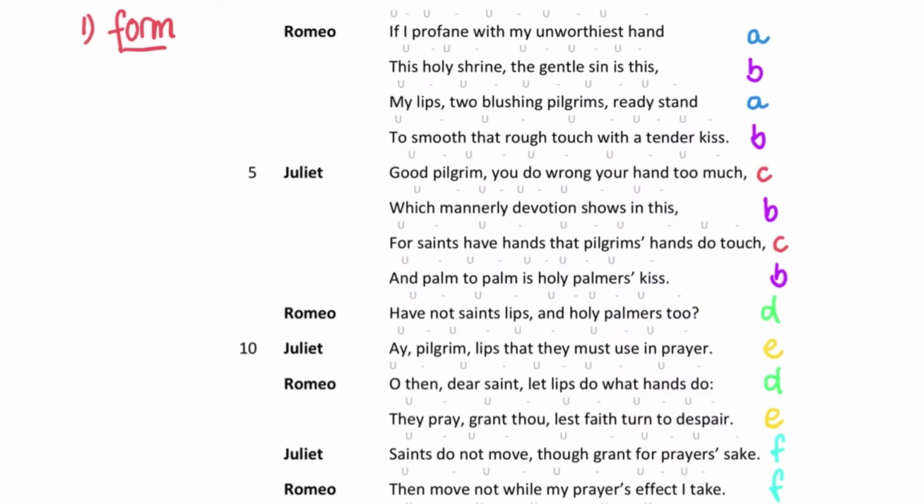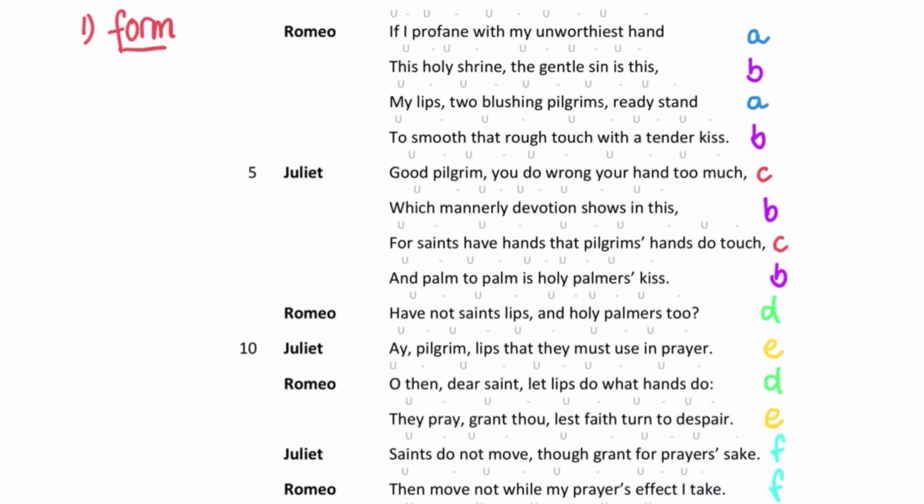So this is the sonnet, and it sticks out because most of the play is written in blank verse, so iambic pentameter that's not rhymed. And here you can see by the rhyme scheme that I have marked along the sides that we're looking at a sonnet.